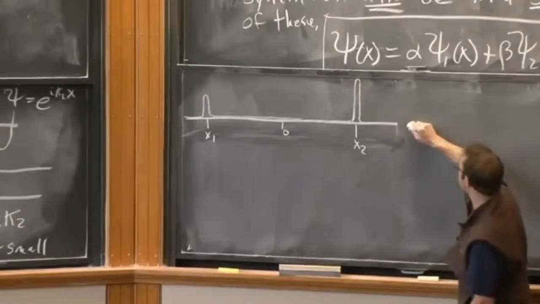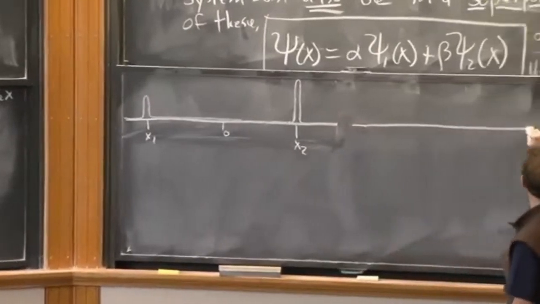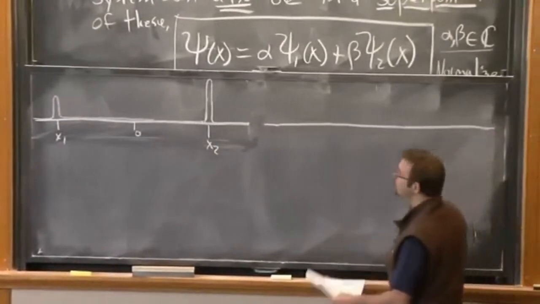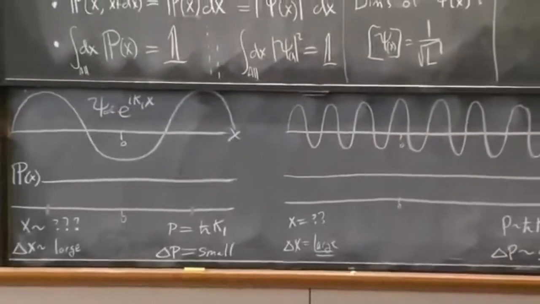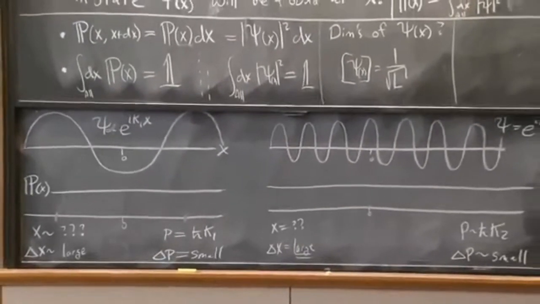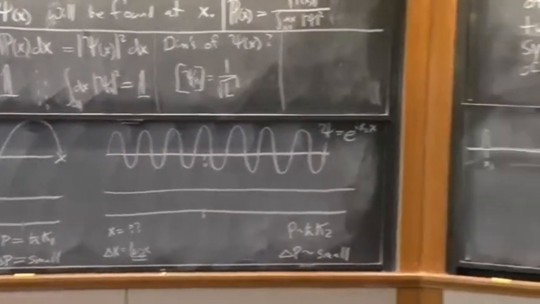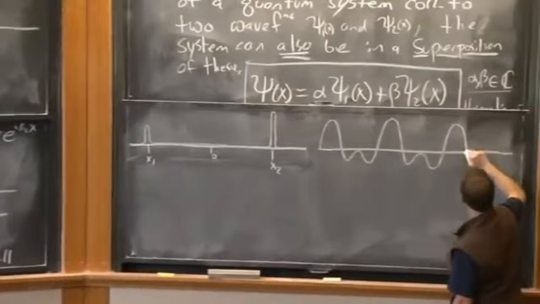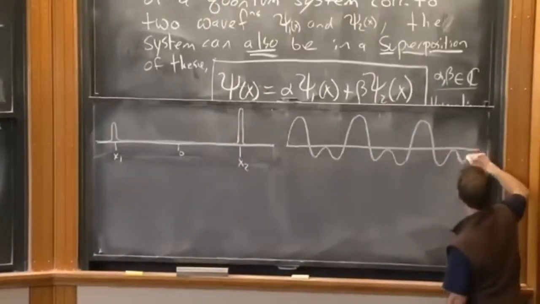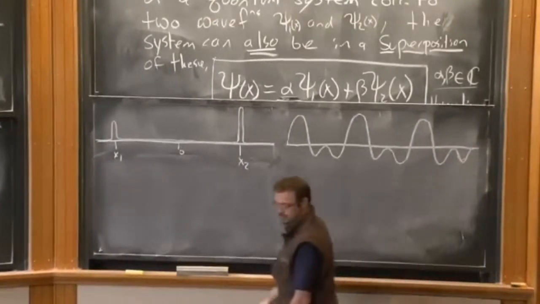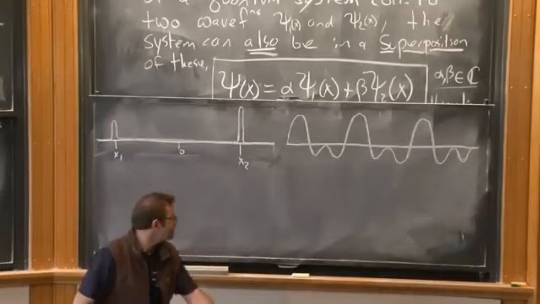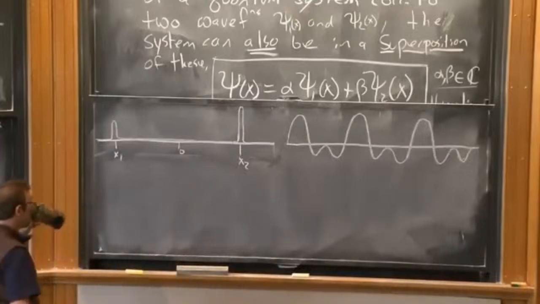Similarly, I could have taken a superposition of the two functions on the second chalkboard. And again, I'm taking a superposition of the complex e to the ik1x and e to the ik2x, and then taking the real part. Okay. So that's a particular superposition, a particular linear combination.